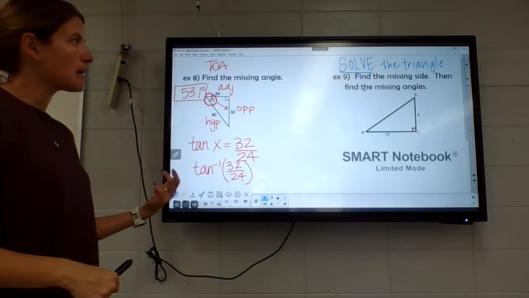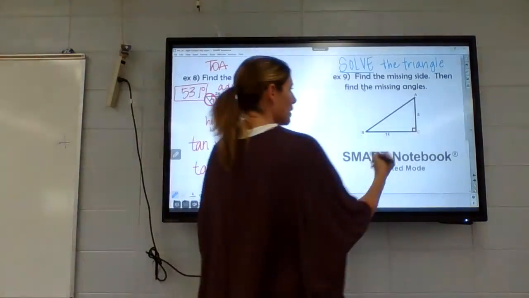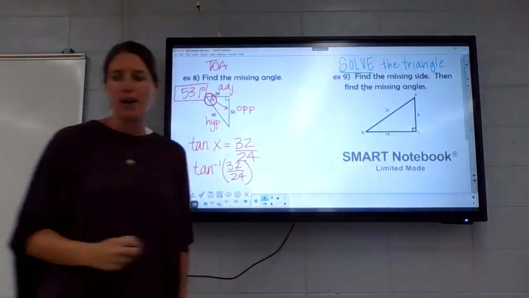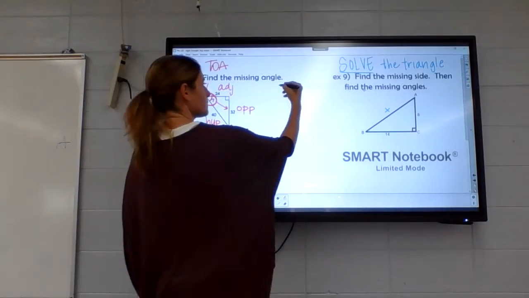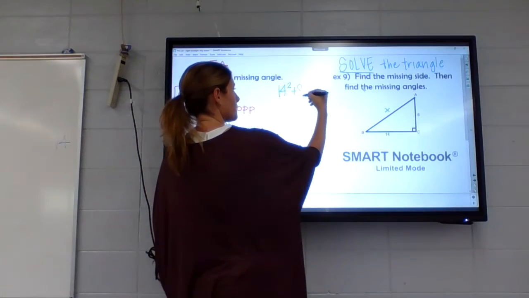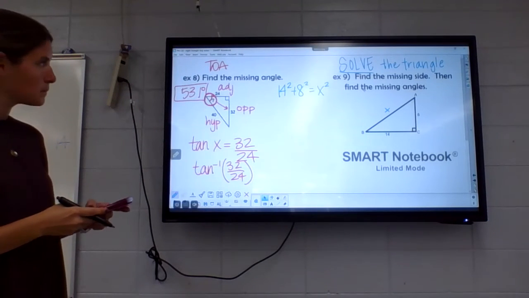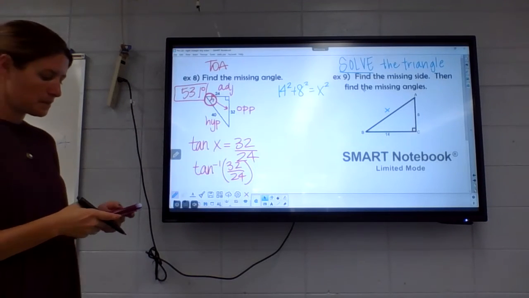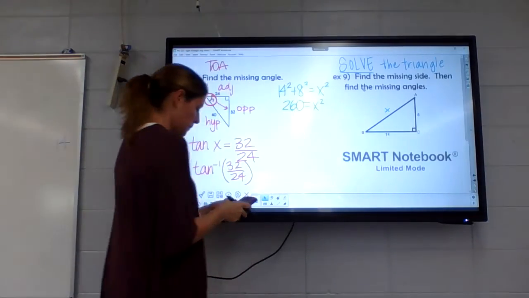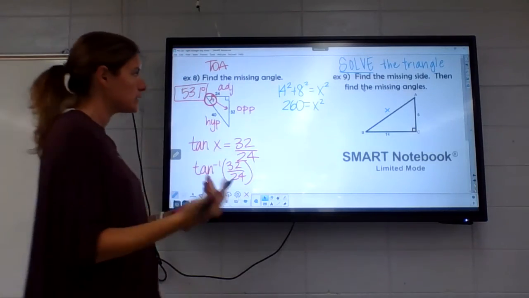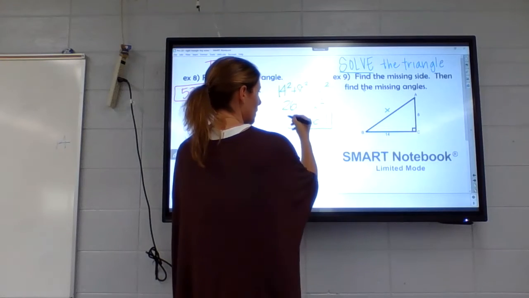I'd probably do Pythagorean theorem to find that missing side. And typically we'll want that as a decimal, so that's going to be like 16.1 for my x.